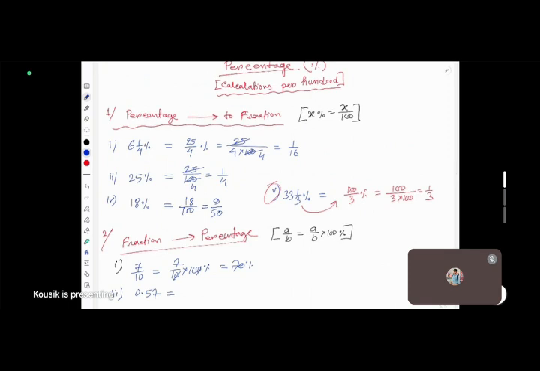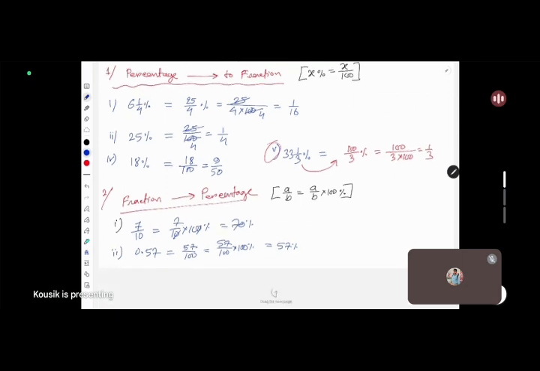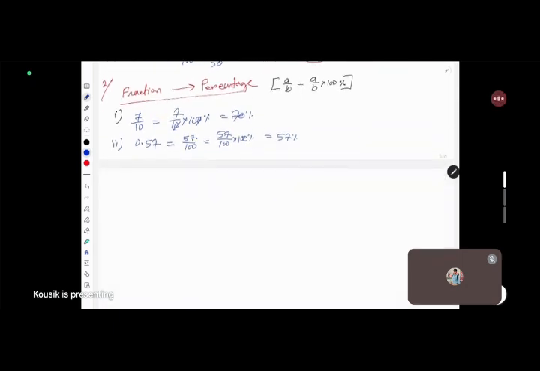Sir, 57%. Right. This is 57/100 into 100%. So that is the method to find fraction to percentage.